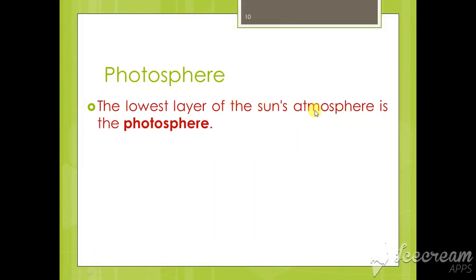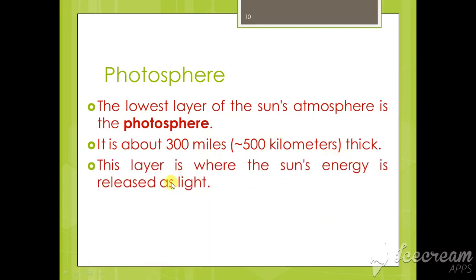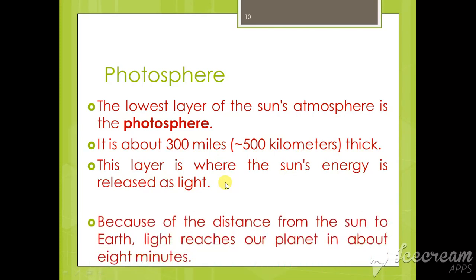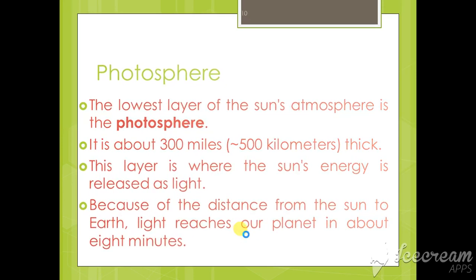The lowest layer of the sun's atmosphere is the photosphere. It's about 300 miles, about 500 kilometers thick. This layer is where the sun's energy is released as light. Because of the distance from the sun to earth, light reaches our planet in about 8 minutes, as we all know.